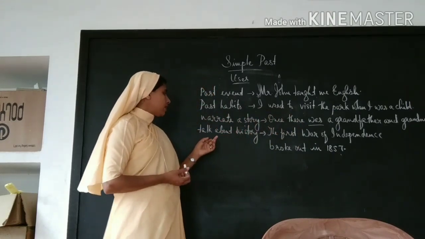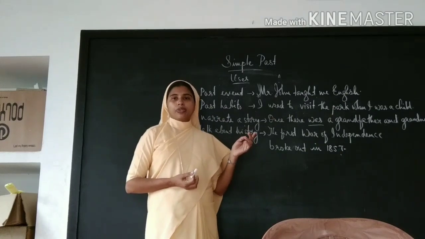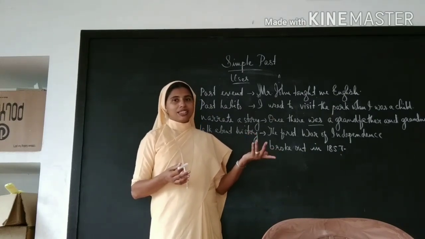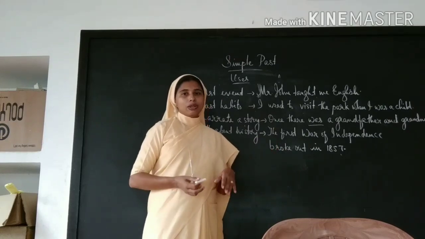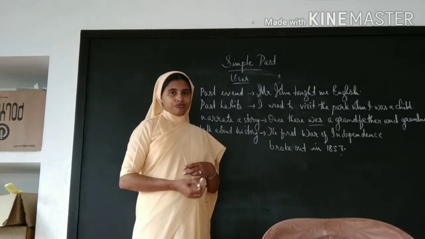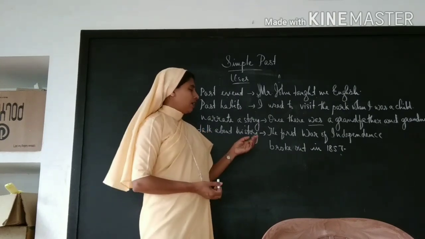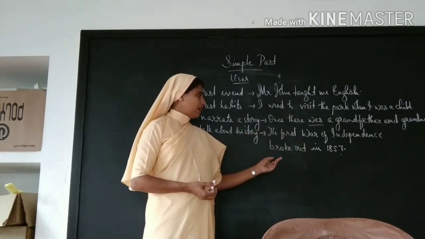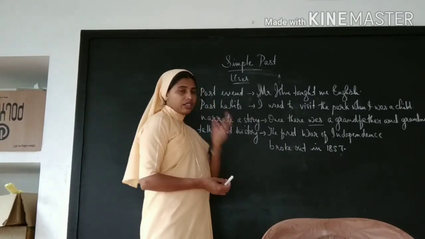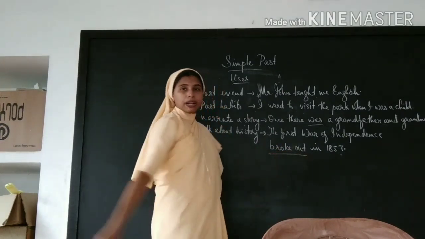Another usage is to talk about history. If you take a history book itself, you can see all the sentences will be in simple past. Akbar fought. The first war of independence broke out in 1857. Broke out, simple past.